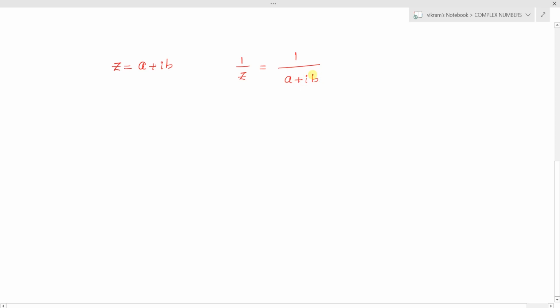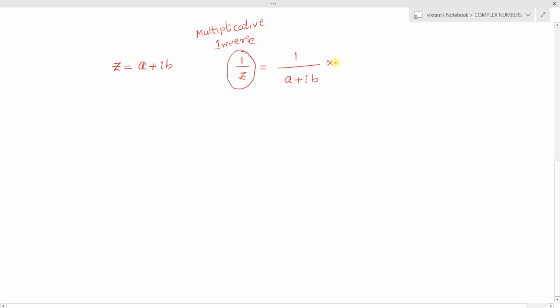To find the multiplicative inverse, simply rationalize the complex number with its conjugate. 1 by z is the multiplicative inverse.